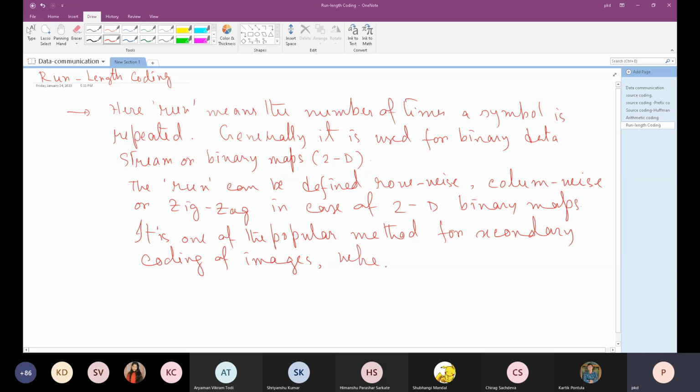By secondary, I mean that the primary coding could be either Huffman or any other, or maybe even a lossy coding.